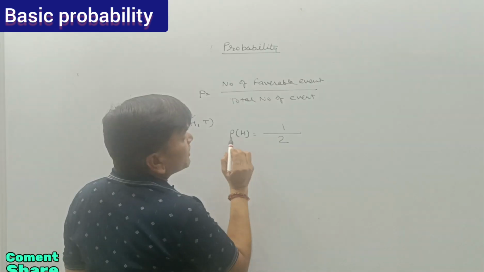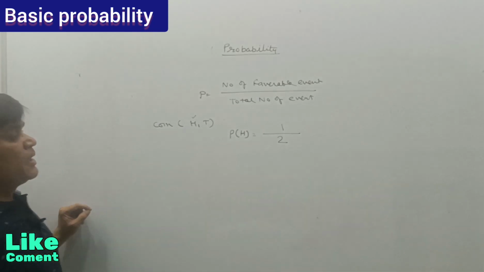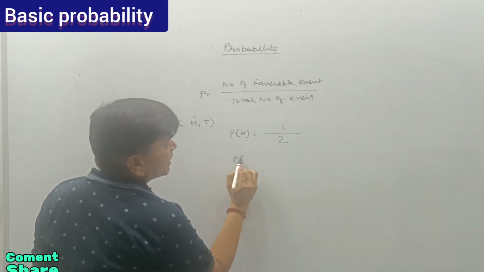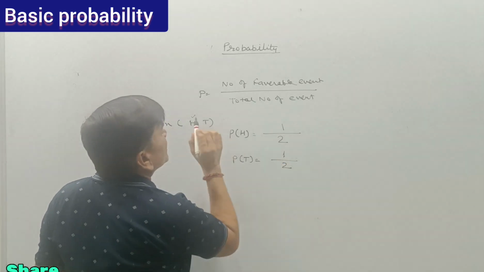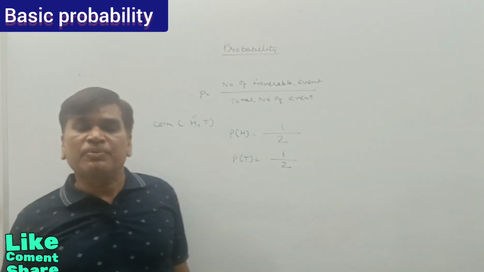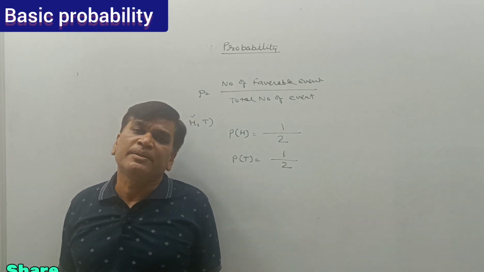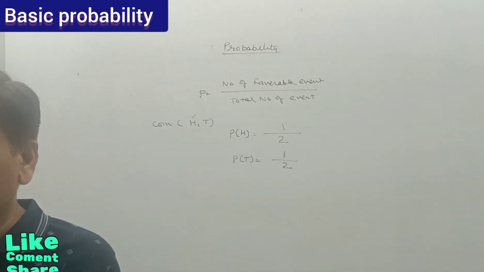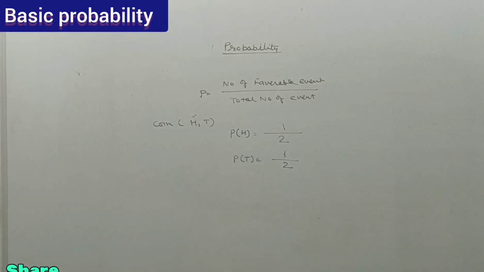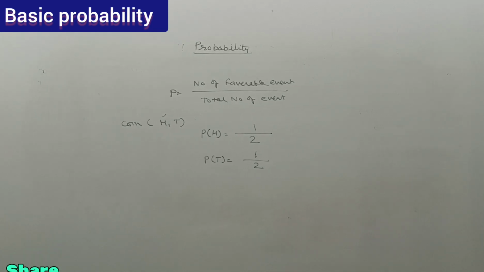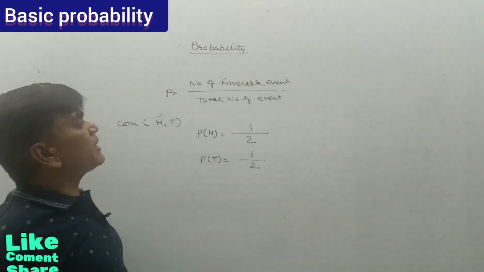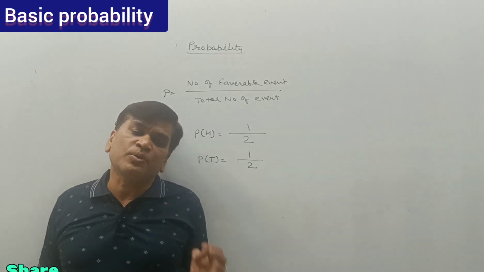So the probability of getting head is 1 by 2. If I calculate the probability of getting tail, the total events is 2 and the number of favorable events is 1. So for calculating probability, the formula we use is number of favorable events divided by the total number of events.